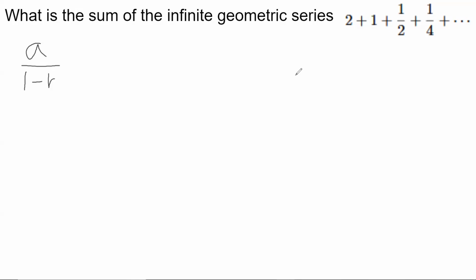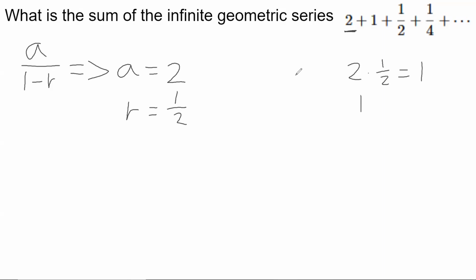Okay, so we're back here and let's solve this problem. The first term a is the first term written right here, which is 2. And our common ratio r is equal to 1/2, because we know that 2 times 1/2 is equal to 1, 1 times 1/2 is equal to 1/2, and 1/2 times 1/2 is equal to 1/4.